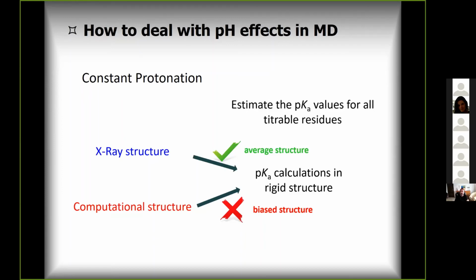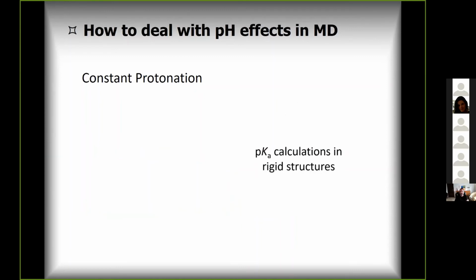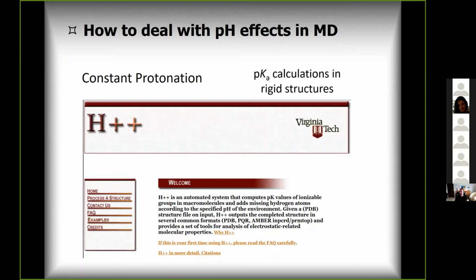And hence, if you say that the glutamate is deprotonated, even though it might not like to be deprotonated, all conformations, all energy minimization protocol, all MD conformations will come biased towards the decision at the beginning. And hence, that structure will no longer be good for you to estimate the protonation. And then even if you want to do pKa calculations, you end up having a very skewed pKa value and a very poor estimation. And how do you do the pKa calculations?